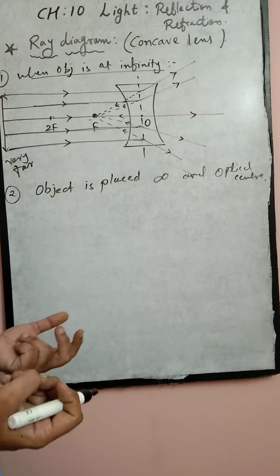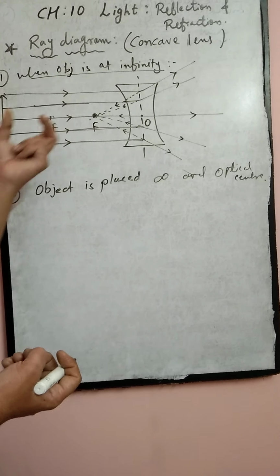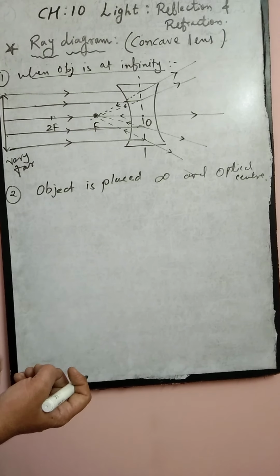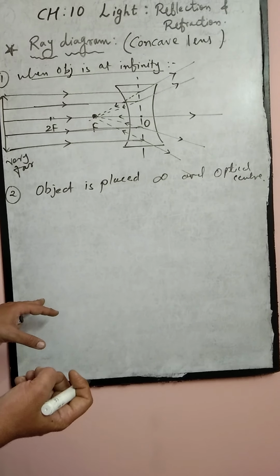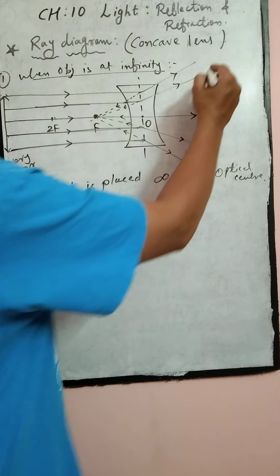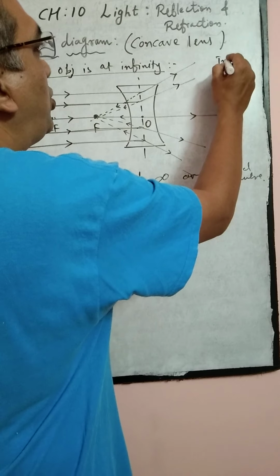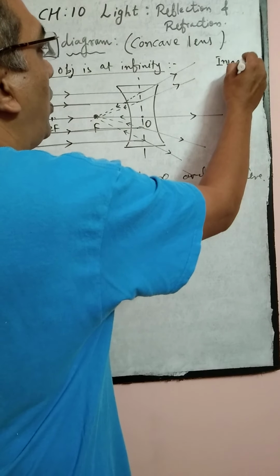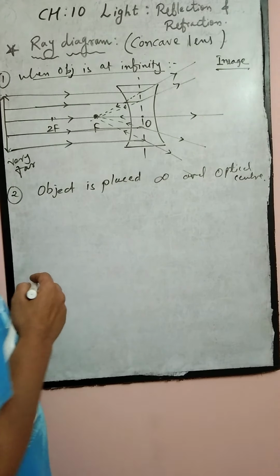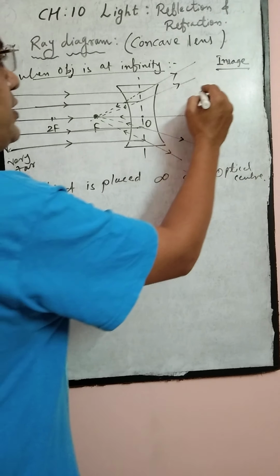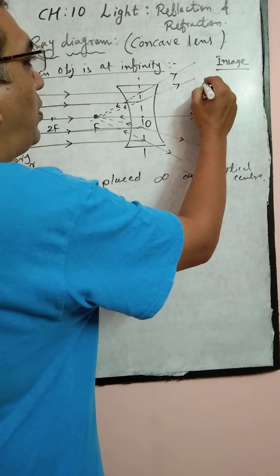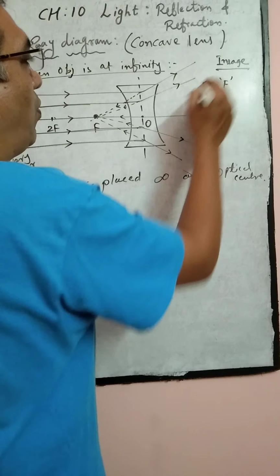A virtual image is always erect, but the size will be very diminished, highly diminished, or a point-like image. So when we think about the nature and position of the image formed for the first position in the case of a concave lens, the image is formed at F. What kind of image?